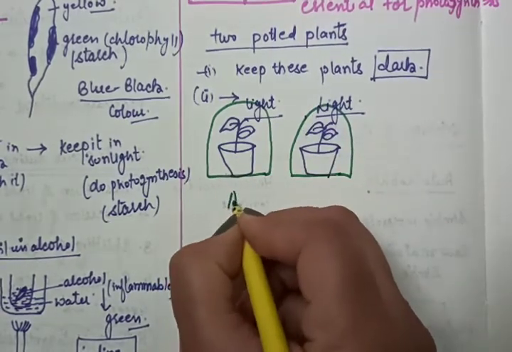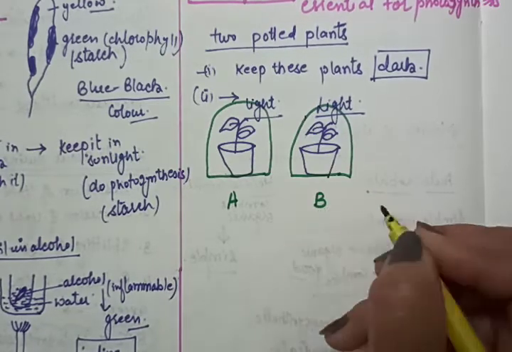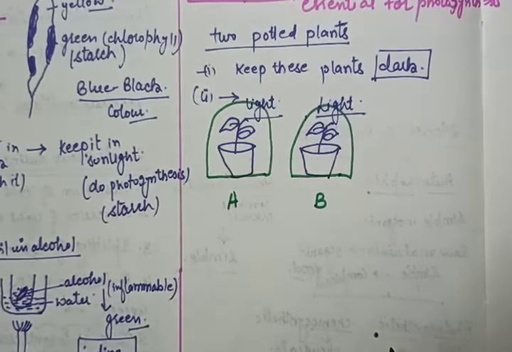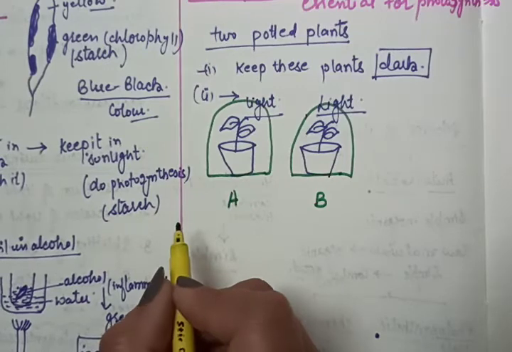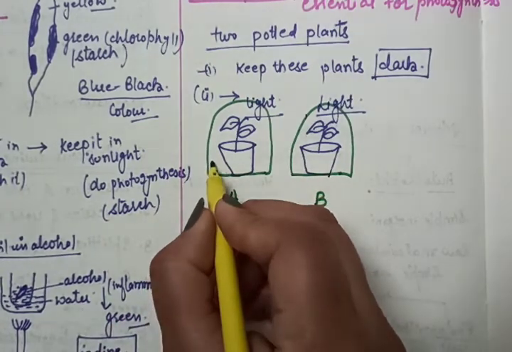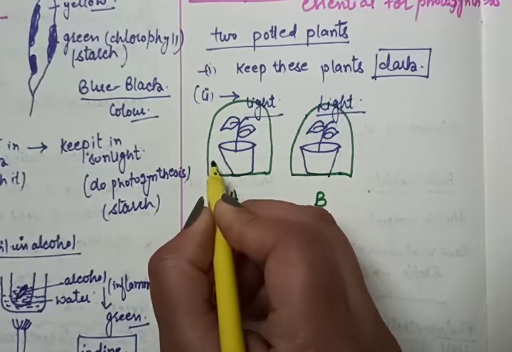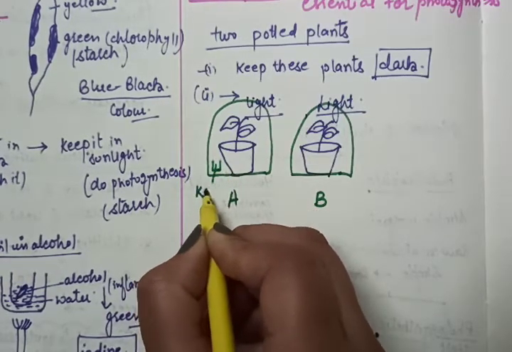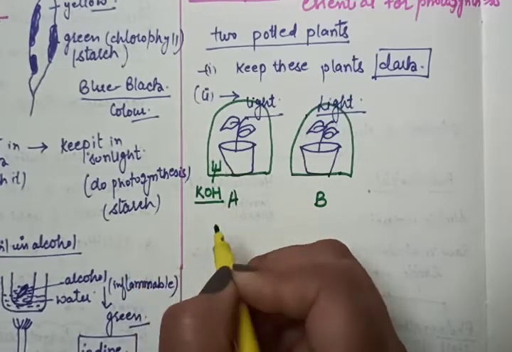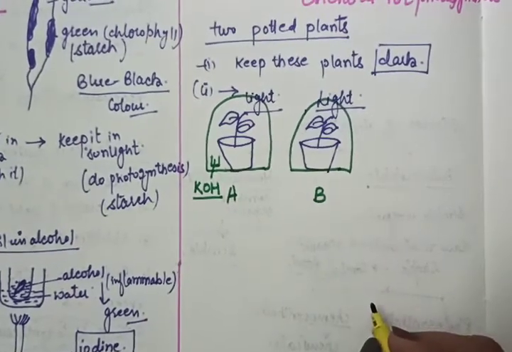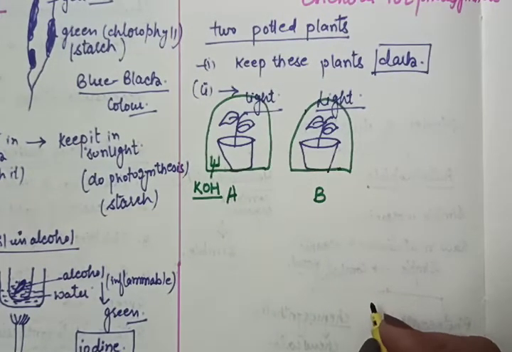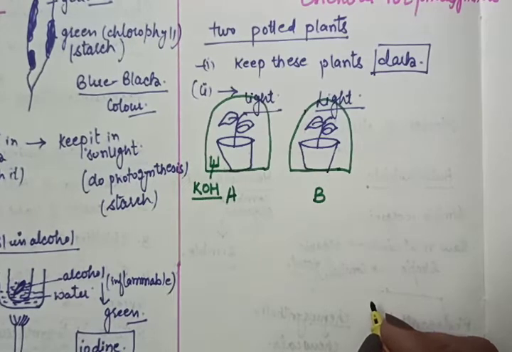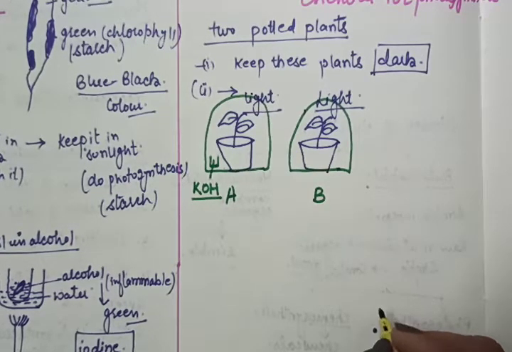This is our setup A and this is our setup B. Now in setup A, in a beaker, we will keep freshly prepared KOH, that is freshly prepared potassium hydroxide. What is the use of this? I will explain that later on.